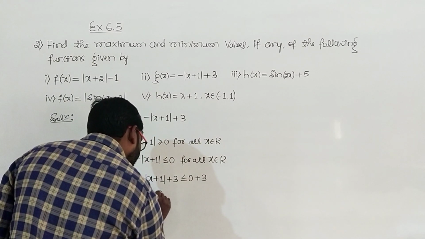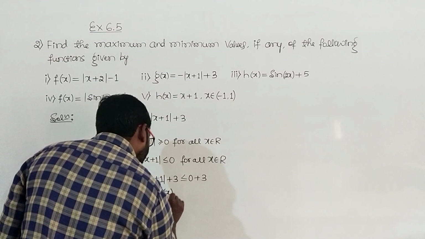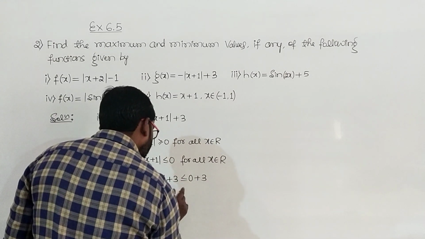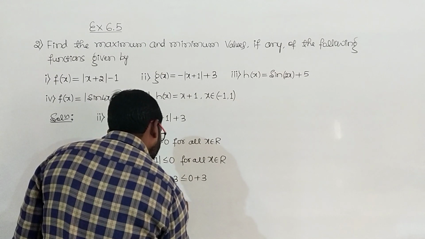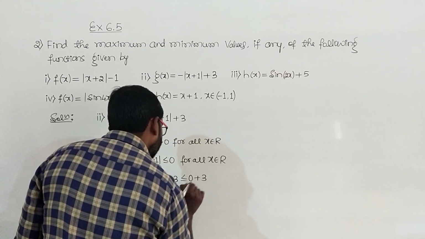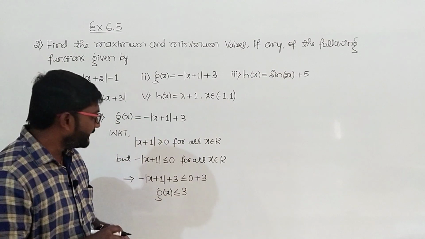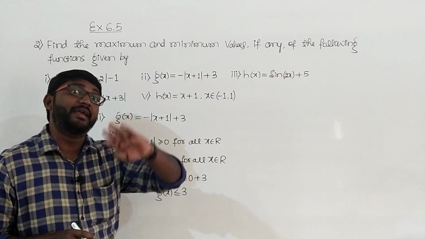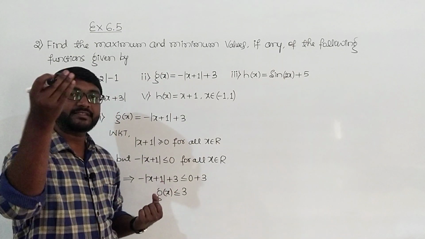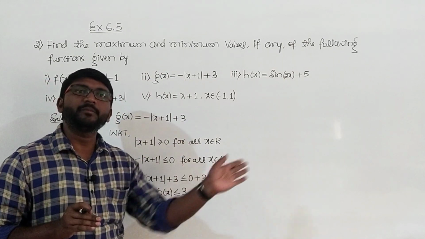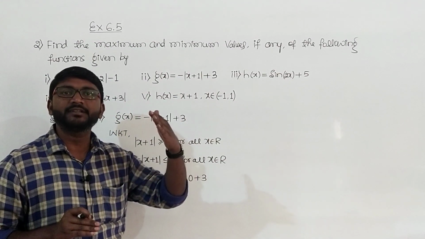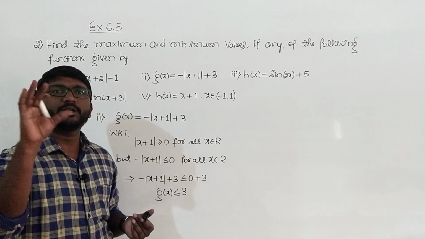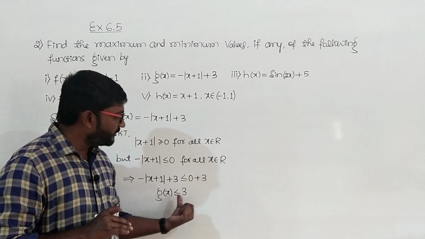So I can write this as g of x less than or equal to 0 plus 3, it is 3. So the g of x value is either 3 or less than 3. That means g of x can have 3 at the max, and the minimum can be anything less than 3, like 2, 1, 0 and all the negative numbers. So there is no limit for the minimum value, but the maximum you can have is 3.